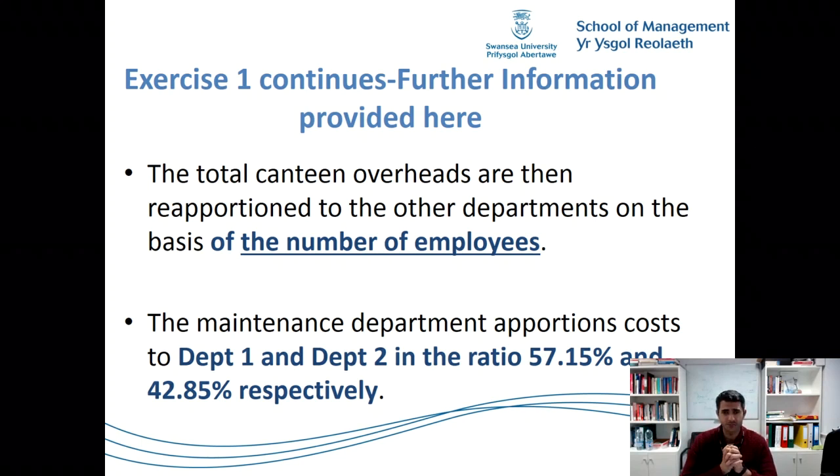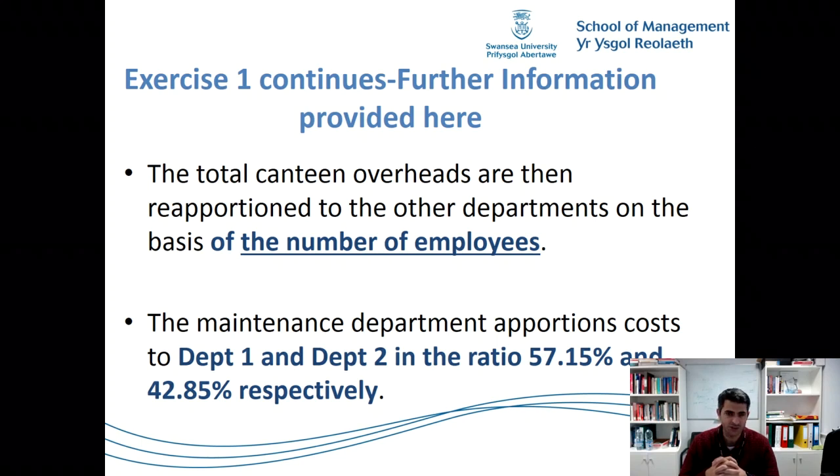Okay, so I made it up here. So what it tells you here. We need to focus on the overhead in the first paragraph. The question tells you that the total canteen overheads are then reapportioned to the other departments on the basis of the number of employees.